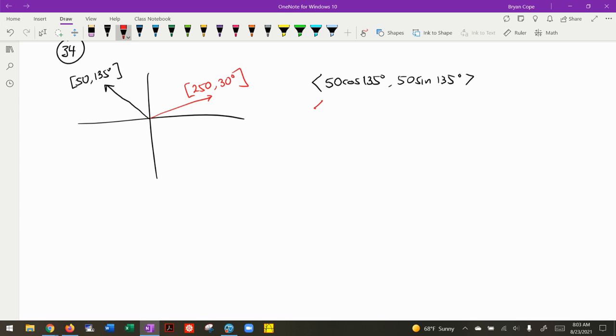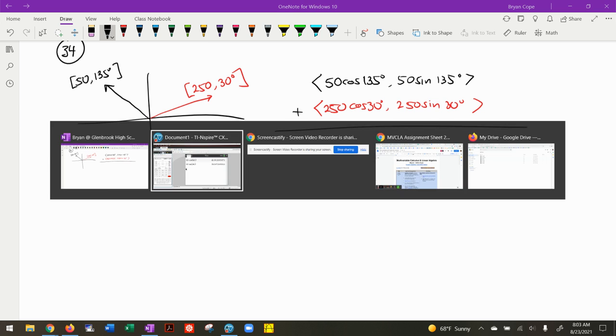And the second vector similarly. Okay, and then we can add them from there, and we'll have components in rectangular form.